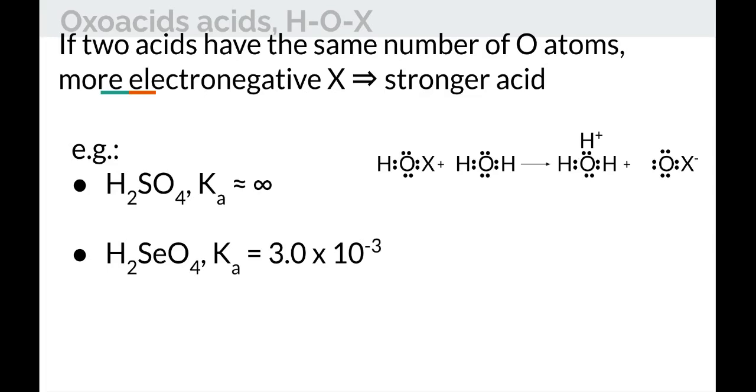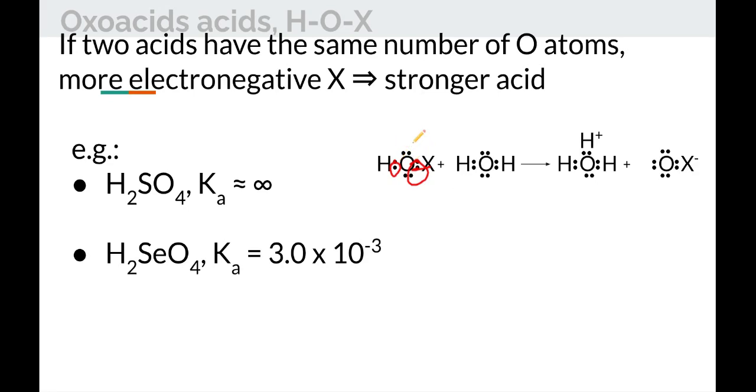So if you look at this electron pair here, the oxygen and the nonmetal X are fighting over that pair of electrons. The more electronegative that X is, the more of the share of those two electrons it can pull towards itself. Oxygen then starts fighting over this pair of electrons more strongly than it otherwise would.